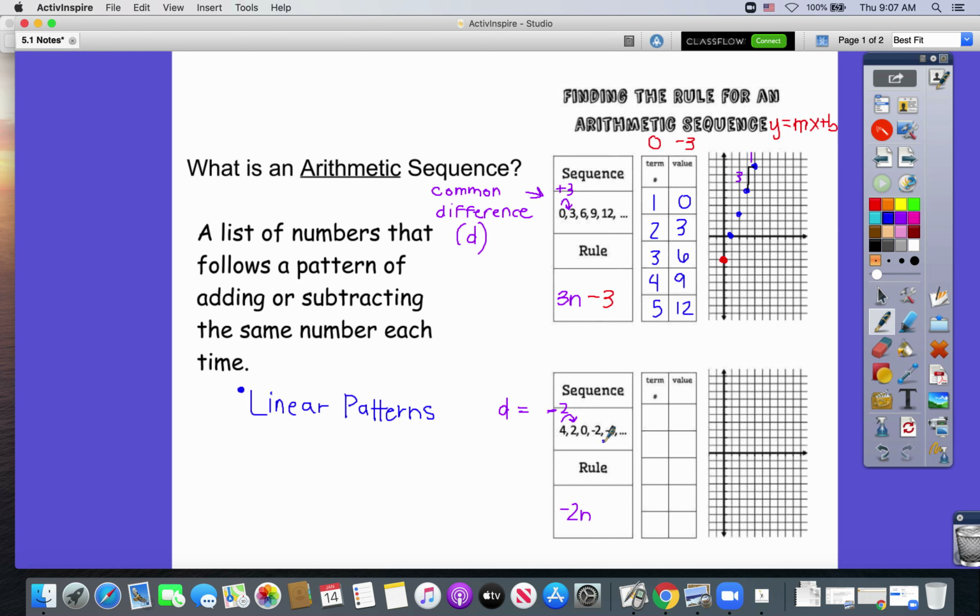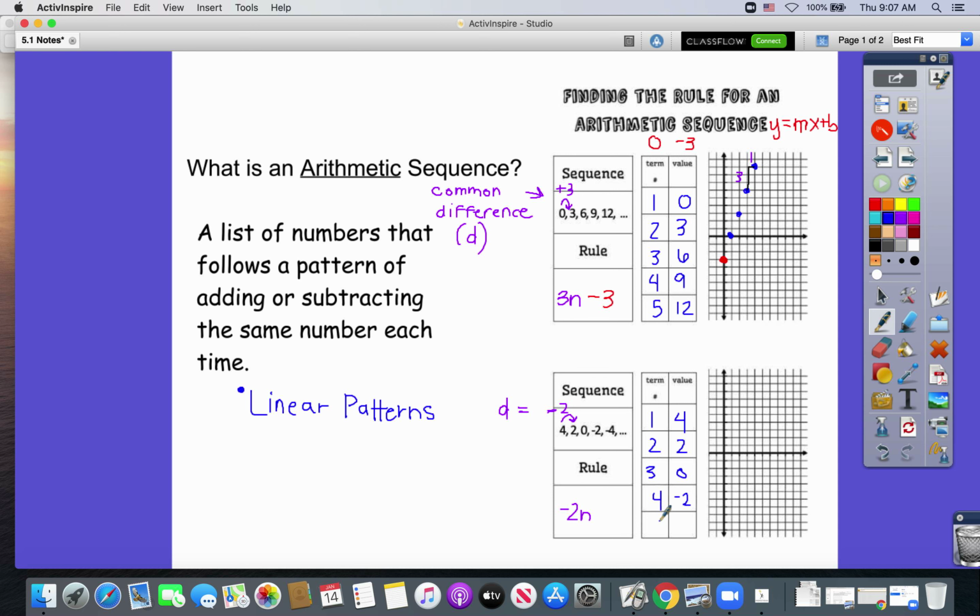So the first term is 4. The second term is 2. The third term is 0. The fourth term is -2.